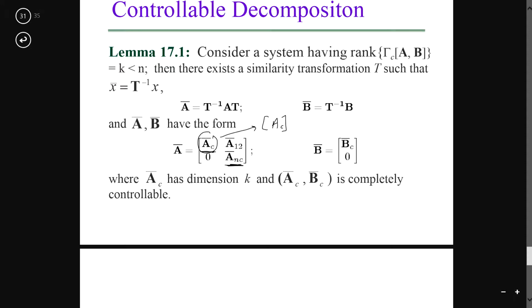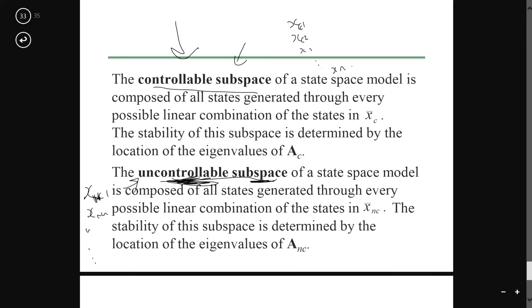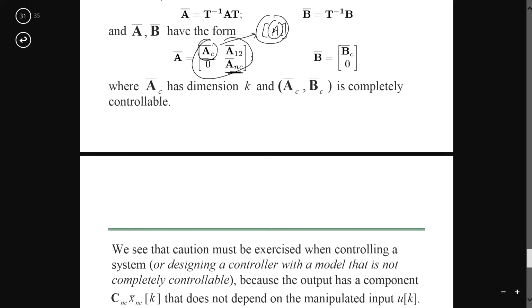So you have a lot of systems within this A already, and then this matrix is within another matrix. I don't know, for you to think about it, but at least you get to see that at the end of the day, they say that the controllable subspace, the stability of the subspace, is determined by the location of the eigenvalues of AC. Same thing for the ANC also. Eigenvalues of AC and ANC.